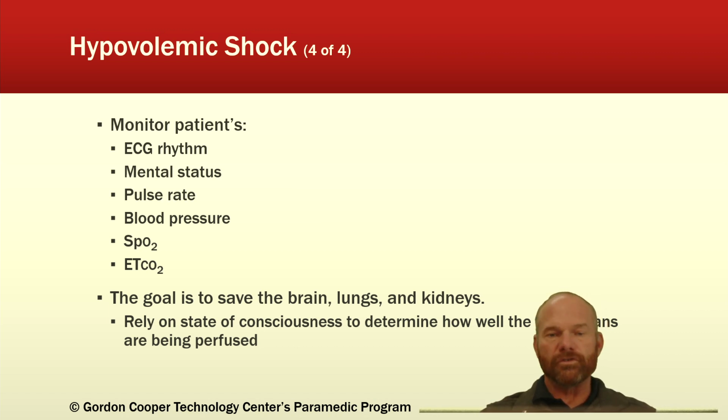And then kidney, so much we're not going to really know, but that's gauged by urine output. Adequately perfused kidneys produce at least 30 mils to 50 mils per hour. Peripheral perfusion, so estimated using cap refill, however, not really the most reliable indicator. But we want to rely on the patient's state of consciousness to evaluate how well vital organs are being perfused.